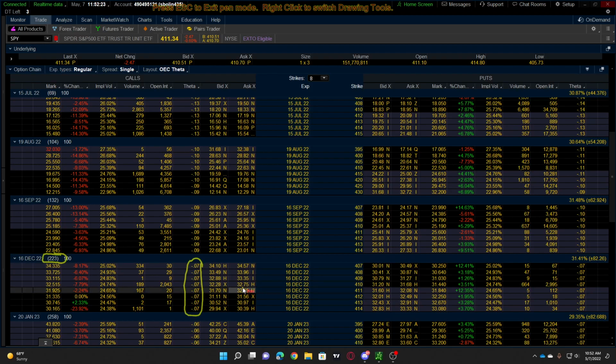Okay, and they're very expensive options. They have a lot of time value in them, extrinsic value. The options near the money are $3,200, right? Depending on if we're one strike in or one strike out, 3,200 plus dollars. And every day that option will lose another $7.